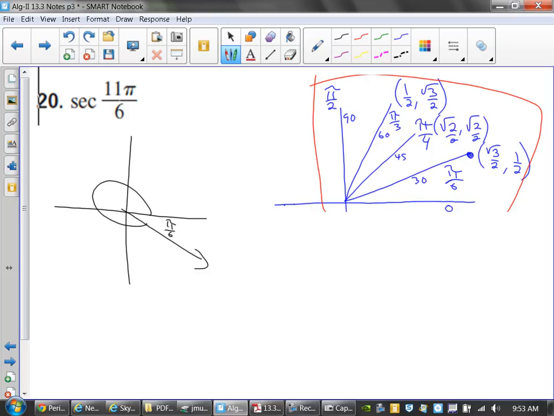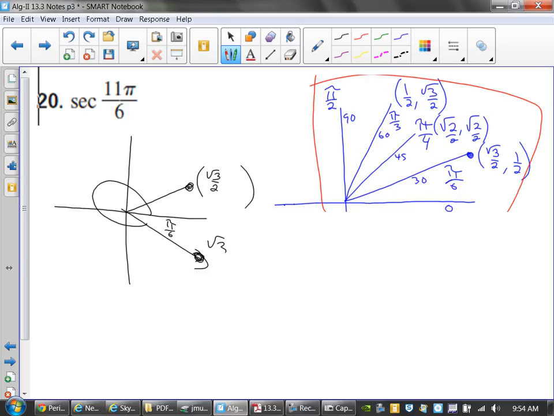I'm dealing with secant, so I'm looking at what? The x or the y value? I'm looking at the x value. Now, at pi over 6, the x coordinate for 30 degrees is root 3 over 2. In the fourth quadrant, does that sign value change? No. What's your answer?